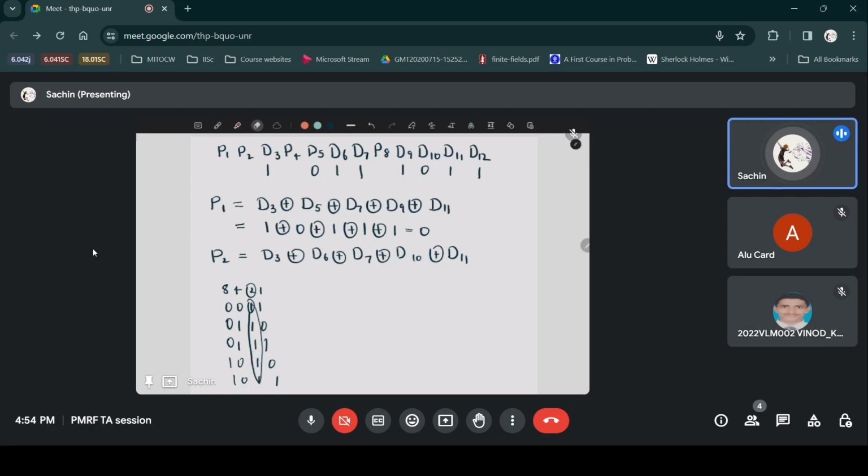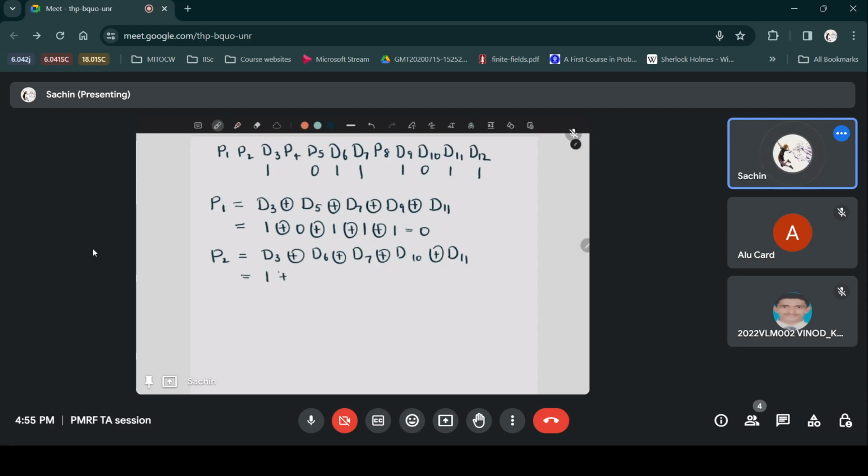You will only XOR those bits. Similarly for P4 you XOR only those bits which have a 1 in the 4's position, and for P8 you XOR only those bits which have a 1 in the 8's position.